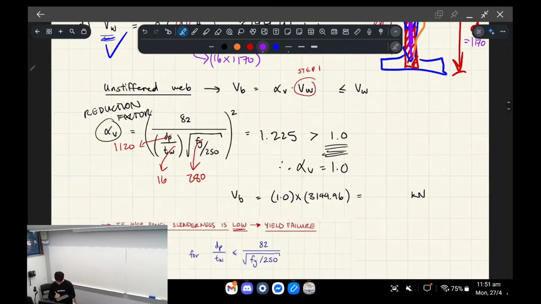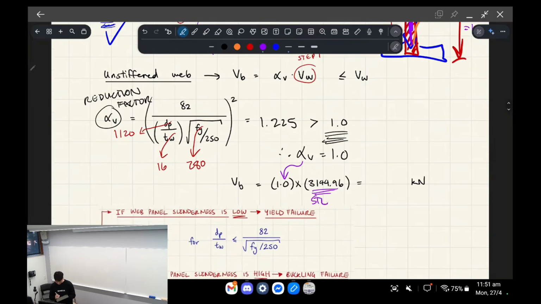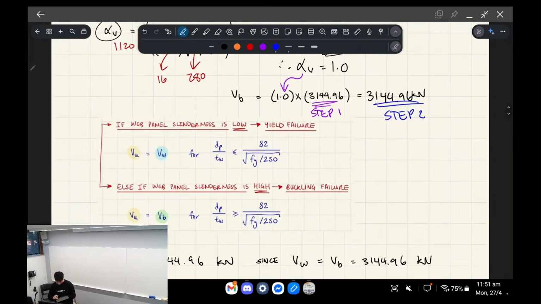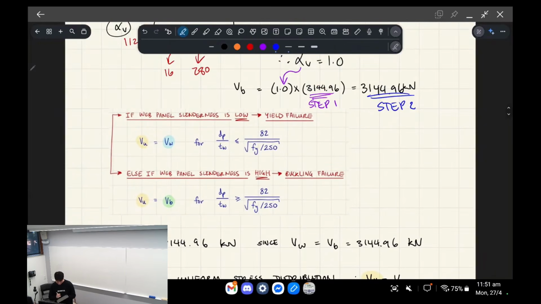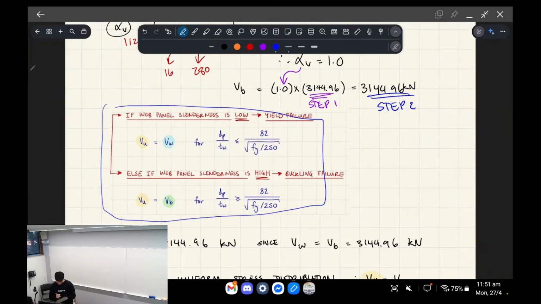So alpha v goes into this equation here, and this was from step 1, right? And so this is 1 multiplied by whatever you got in step 1, and that gives us Vb. So Vb is our answer for step 2, okay? All right, so now for step 3, right, this is from my notes. There's 2 scenarios.